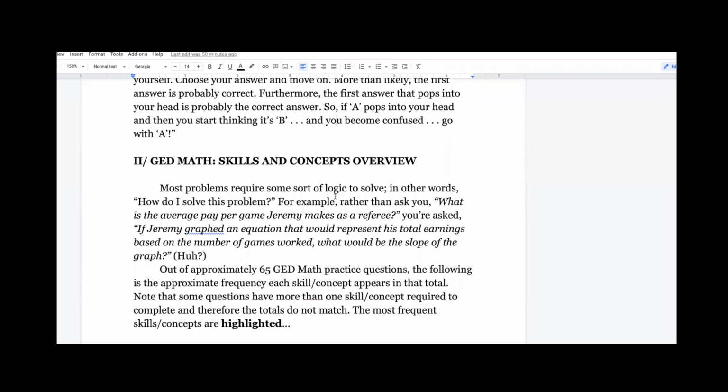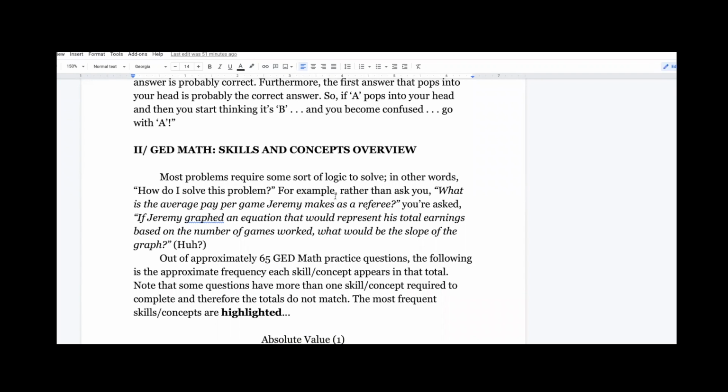Give your brain credit. You're smart. You can do it. But listen to your brain, your conscious and subconscious, when it's talking to you. You're reading that problem, it says C. Maybe that's the answer. If you get confused, stick with C. That's what your brain told you is the answer. Okay.